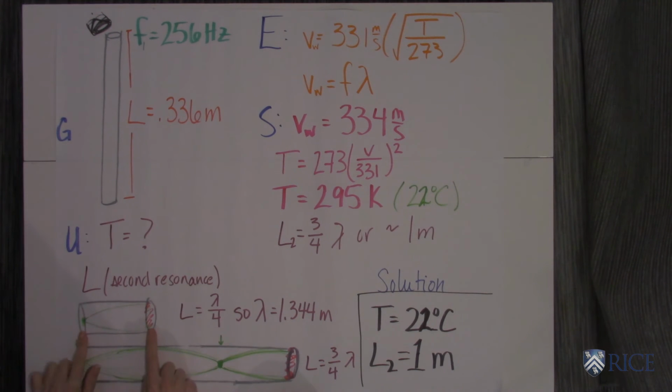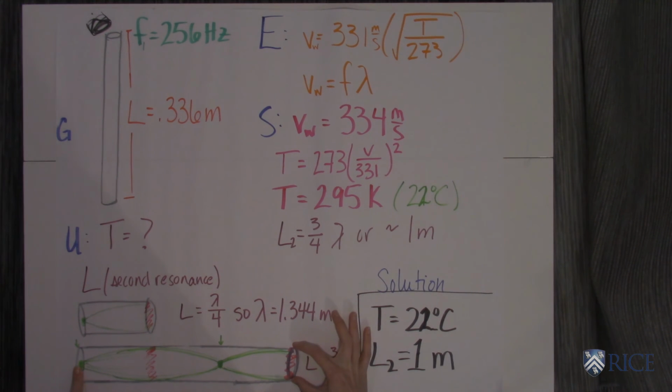So remember that you've got a resonance at an antinode. So you know that this first length is 1/4 of the wavelength. Your second resonance is going to happen at your second antinode. So if you think about the picture of a wave, you have a node, an antinode, a node, and an antinode.